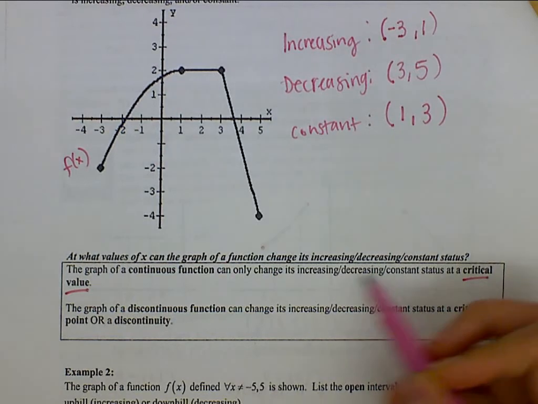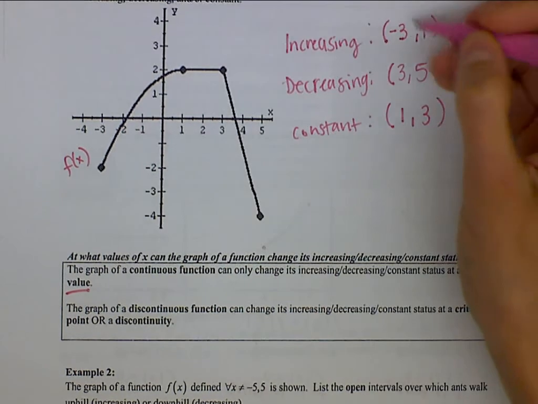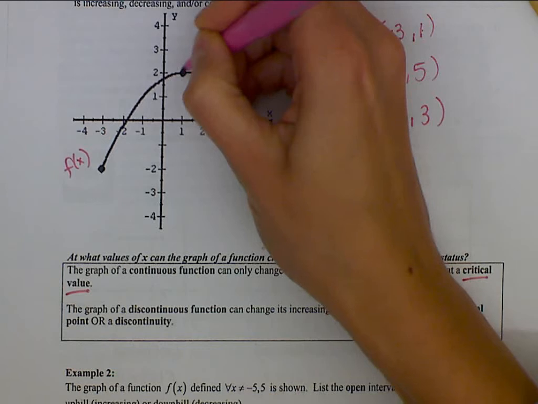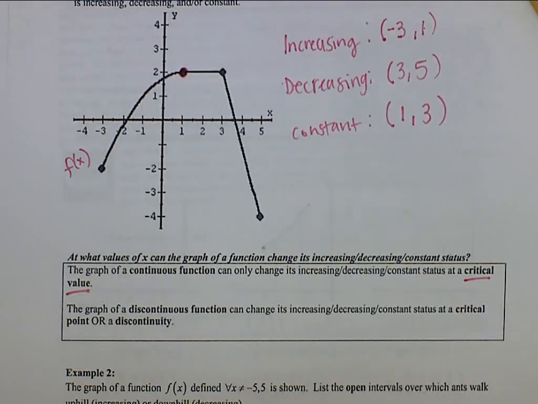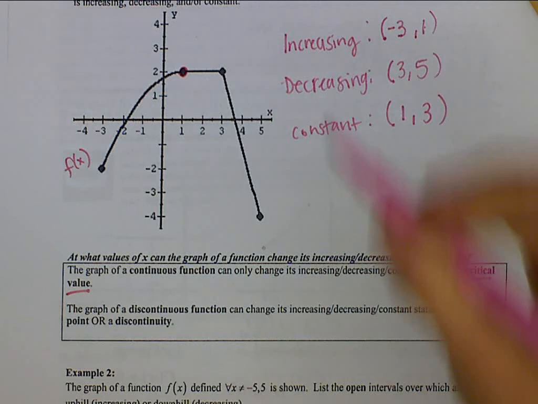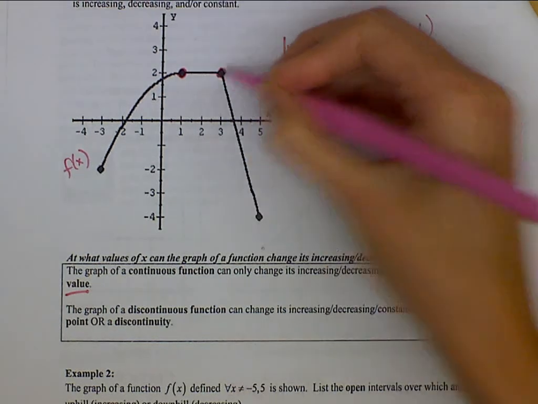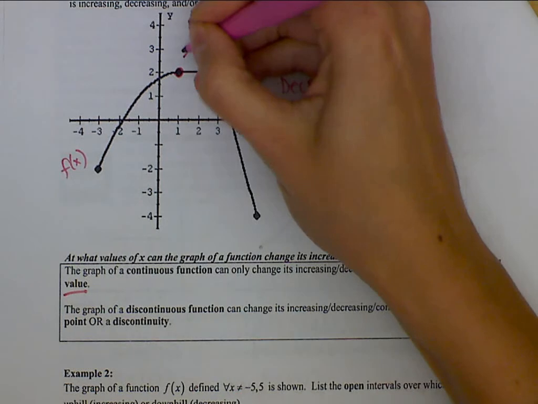It's only going to change at critical points. That makes sense. So it changed from increasing to constant at the point 1, which is right here. This 1 is a critical point because the slope equals 0. And then it changed from constant to decreasing right here at a critical point because, again, the slope is 0. So these are the critical points.